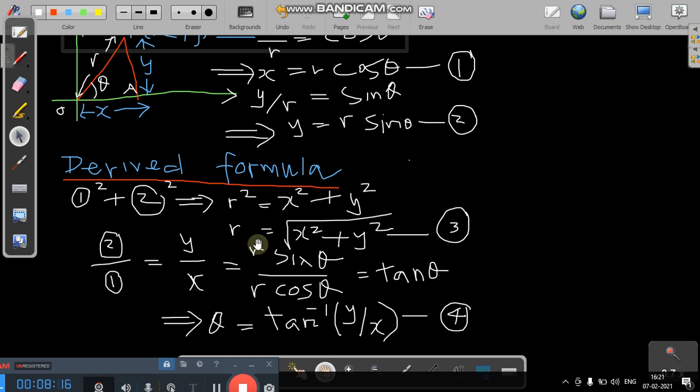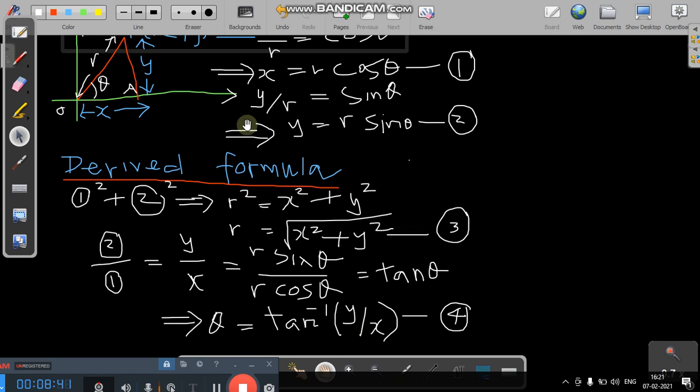From this, r equals square root of x square plus y square. If you divide equation 2 by 1, y by x is equal to r sin theta divided by r cos theta, which equals tan theta. From this, theta is equal to tan inverse of y by x.